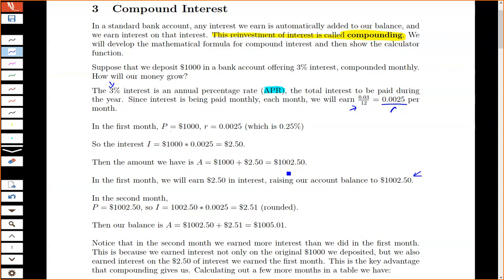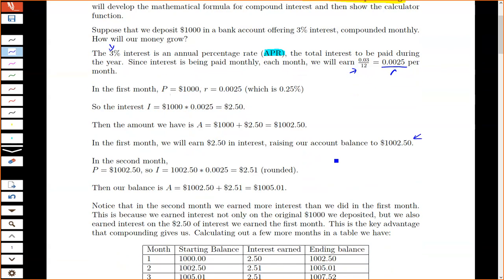So when we start the second month, we're not starting with $1,000 anymore. For the second month, we're starting with a little bit more, $1,000 plus the $2.50. So when I want to compute how much interest we get, we take our $1,002.50, multiply it by our rate, and now you'll notice that I get slightly more interest than I did the first month. Not by much, but it's slightly more.